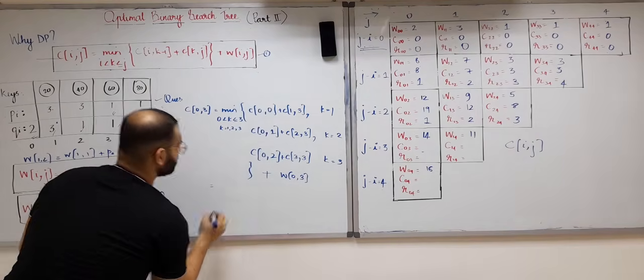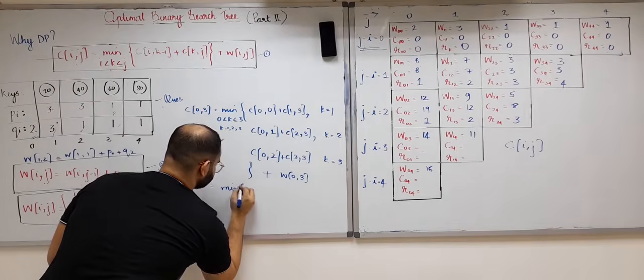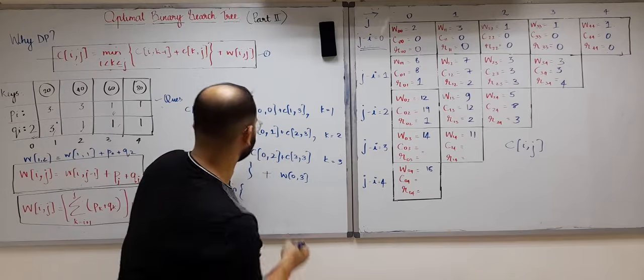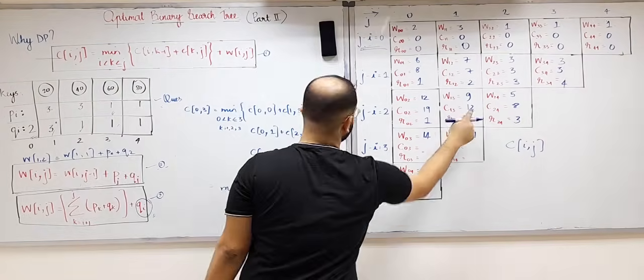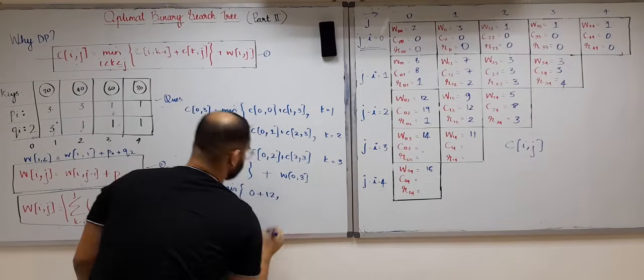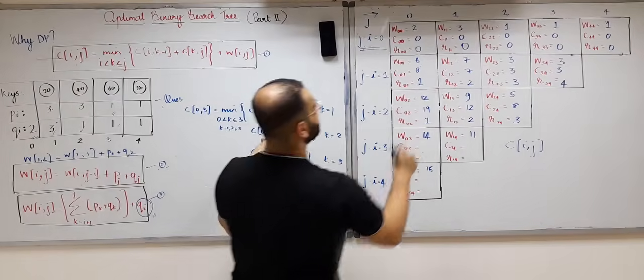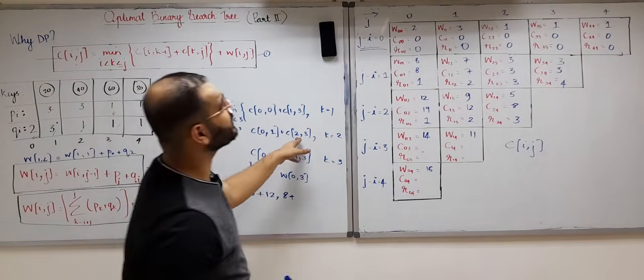Okay. So now, what is C(0,0)? It is 0. What is C(1,3)? C(1,3) is 12. So 0 plus 12. And for k is equal to 2, what is C(0,1)? It is 8. What is C(2,3)?